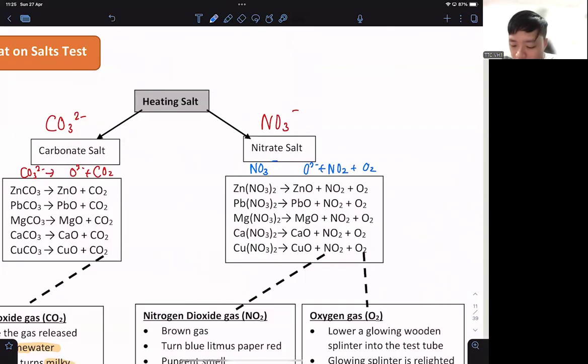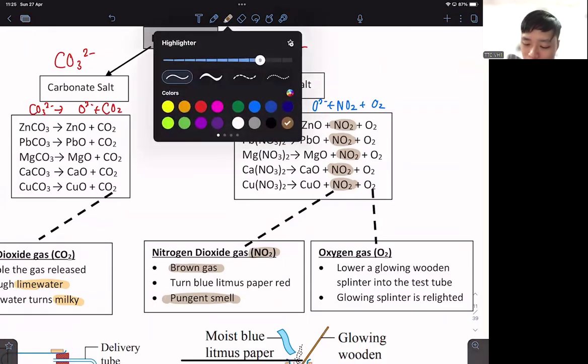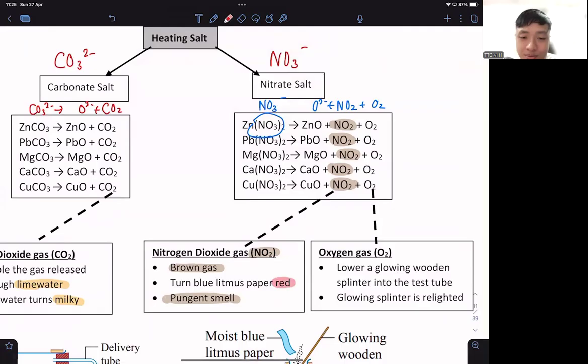Nitrate gives nitrogen dioxide, NO2, which is a brown gas with a pungent smell, a bit smelly like spoiled fish. Litmus paper turns red because nitrogen dioxide is an acidic gas.